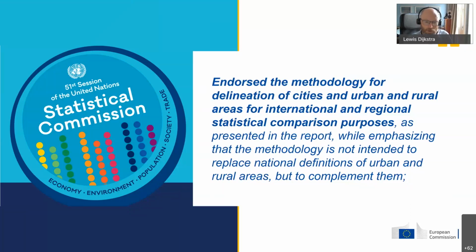And this is not always obvious from the definitions because a lot of countries use designation, so they just select their number of urban areas without having a formal statistical definition. But because we apply the degree of urbanization to the globe, we could compare the numbers. What we found is that the degree of urbanization, cities plus towns and semi-dense areas, typically matched up quite well with the definitions used in North America, South America, Europe and Oceania.